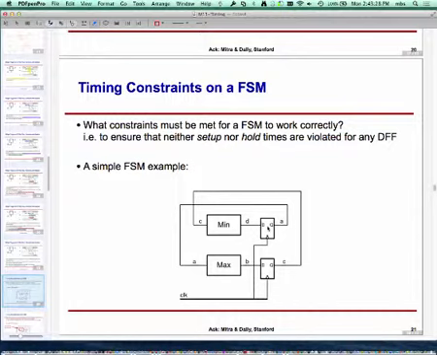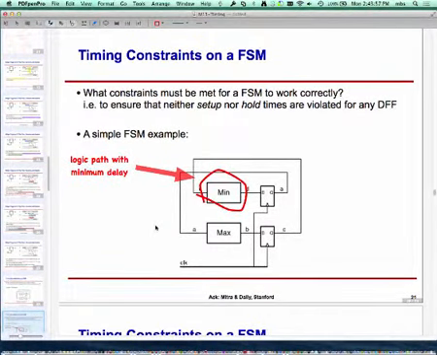So it cannot change too late, and also it cannot change too early, because there is a region of time in which the new value of the state should be stable for the state registers to latch it correctly. That will lead to some constraints on the delays: contamination delay, propagation delay, setup time and hold time. We cannot have arbitrary possibilities out there.